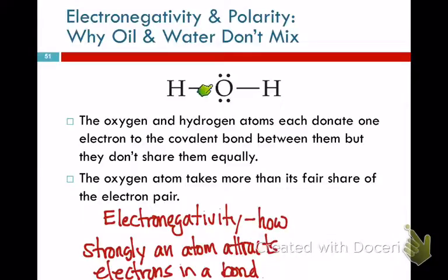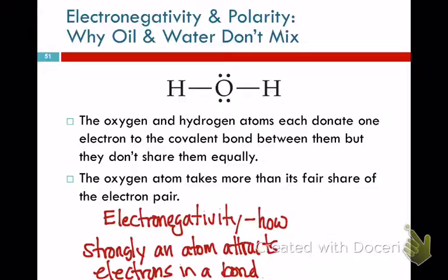So, for example, the electronegativity of oxygen versus hydrogen, right? How strongly does oxygen attract the electrons, and how strongly does the hydrogen attract the electron? If the attraction is exactly the same, right, the electrons stay exactly between the two. So what that means is, if you think about charge, when you pull the electrons to one side, you're also pulling charge to one side.